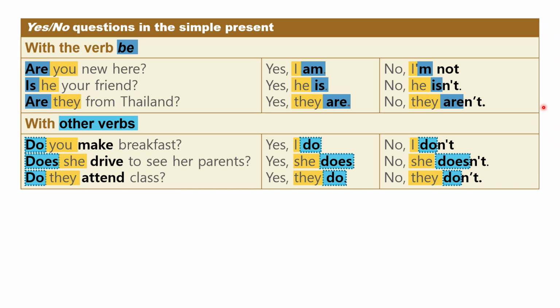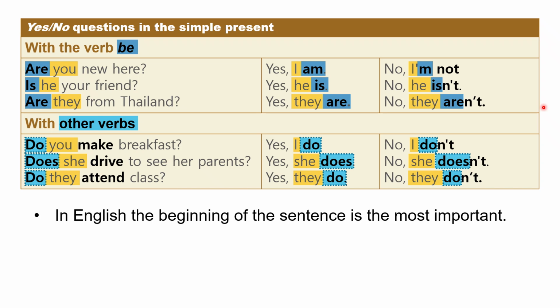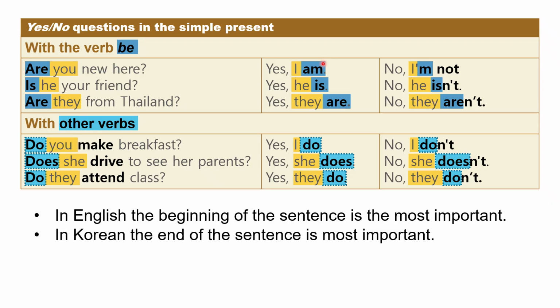So please try to remember, in English, the beginning of the sentence is the most important. After you hear the first word in a sentence, if you hear the verb first, it's a question. Subject first, it's a statement.